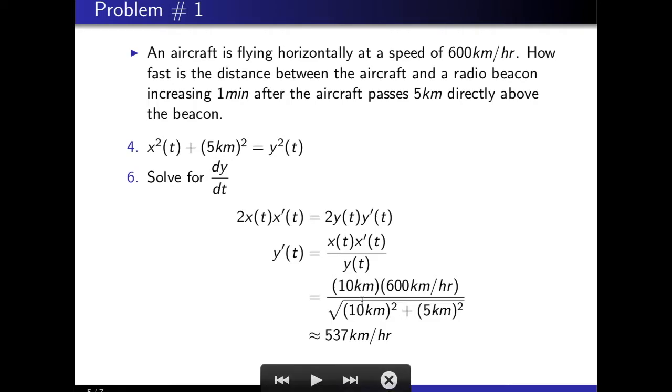And then we'll put that into our Pythagorean theorem to get our relationship for y. When we simplify everything, we'd see that the distance is increasing at a rate of about 537 kilometers per hour. So we could just give a concluding sentence: the distance between the aircraft and the beacon is increasing at a rate of 537 kilometers per hour, and that would be a good final answer.